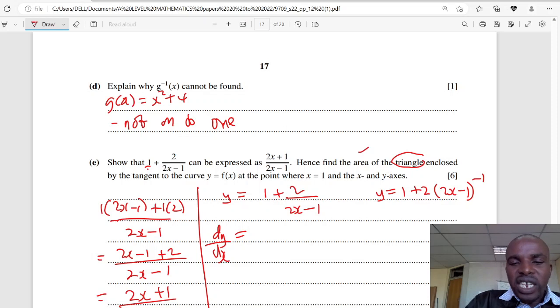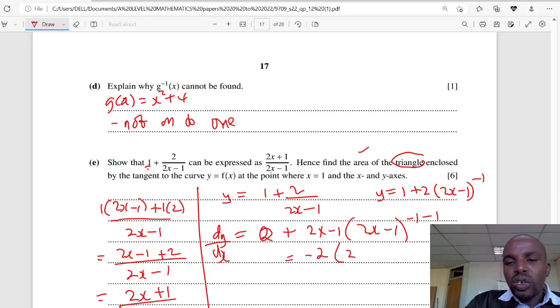Then dy/dx is: differentiate 1, you get 0, then plus 2 times minus 1 times 2x minus 1 to the power minus 1 minus 1. So it will be minus 2 times 2x minus 1 to the power minus 2. So this one will be minus 2 over 2x minus 1 all squared.